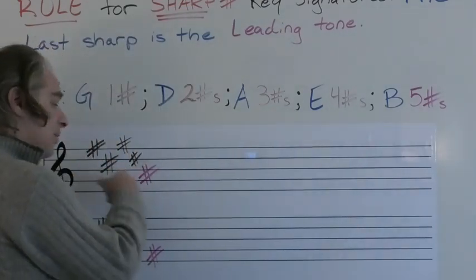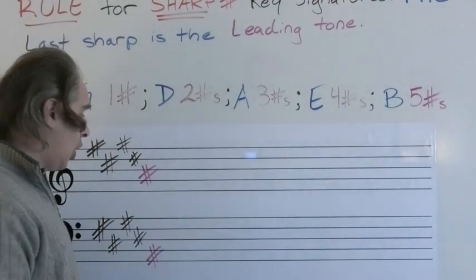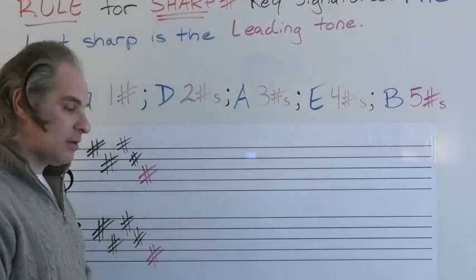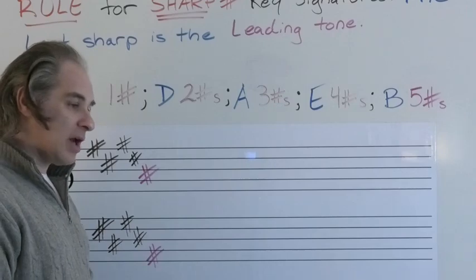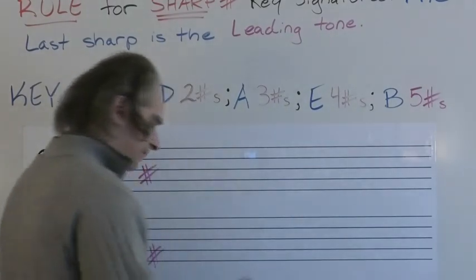How many sharps are in this key signature? 5. So, that's all the black keys on the piano. That's crazy. We got 'em all. So, what key is 5 sharps? B.